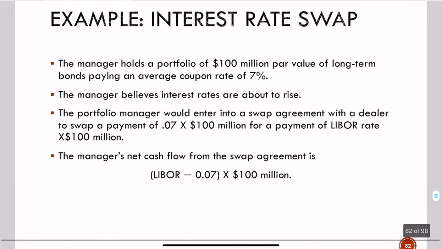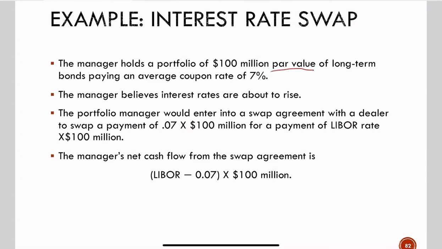Now let's see this example here. So let's say the manager holds a portfolio of $100 million. This is par value. And this portfolio will pay an average coupon rate of 7%. And the manager thinks the interest rate is about to rise.